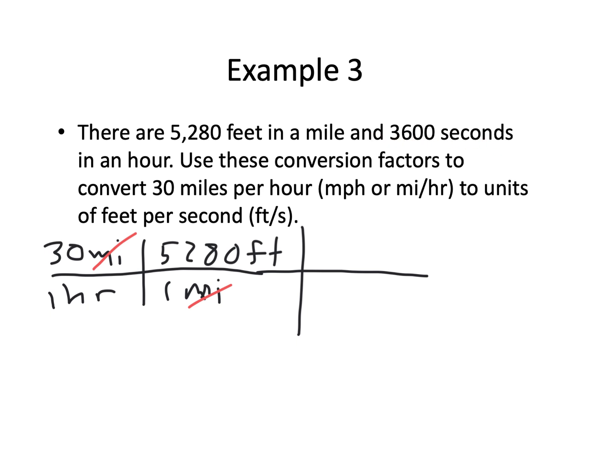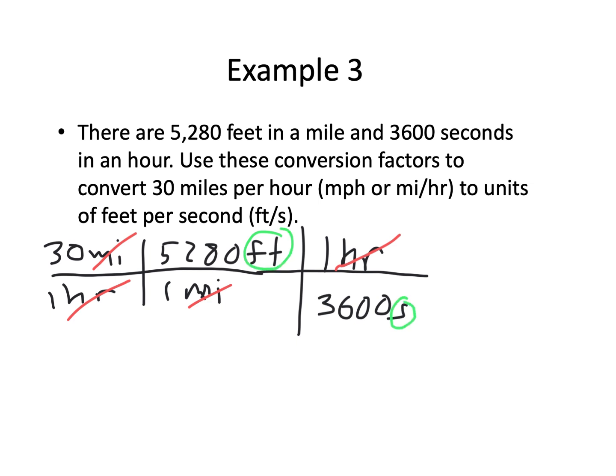Now where does the hour go and where does the 3,600 seconds go? The hour has to go up on top, 1 hour, and that will be equivalent to 3,600 seconds. Of course, this whole block here I'm just multiplying by 1, but I do it such that I've got hours down below and hours up above that cancel, and what I'm left with are feet over seconds, and that's what I want.